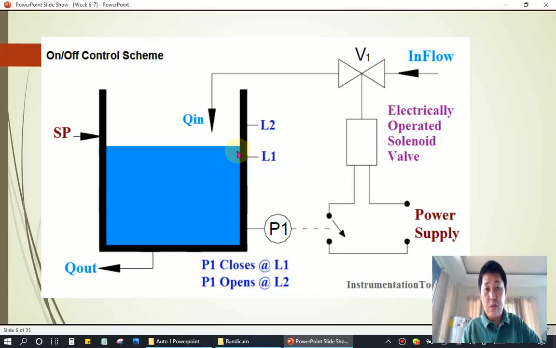When the float goes down because of the lower level of the water, it closes the circuit, and electricity will flow through the closed circuit. This solenoid opens and gives water to the tank.